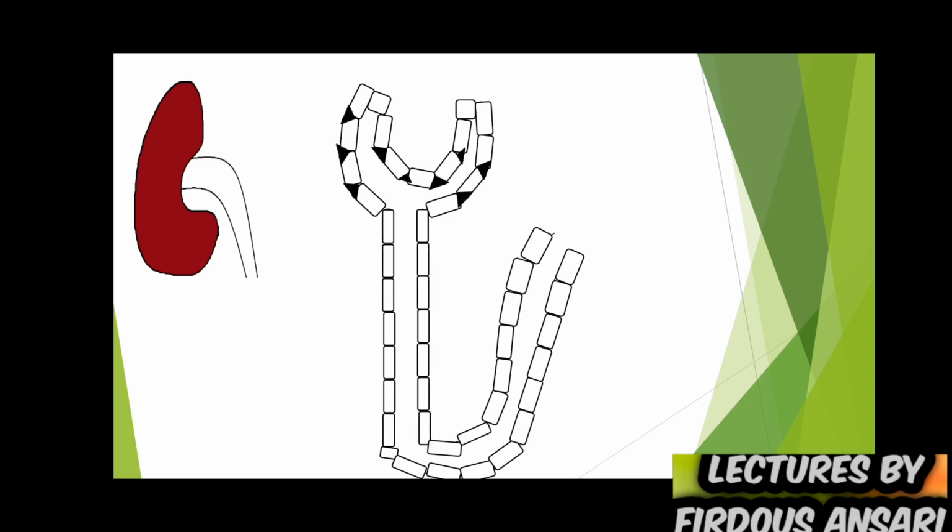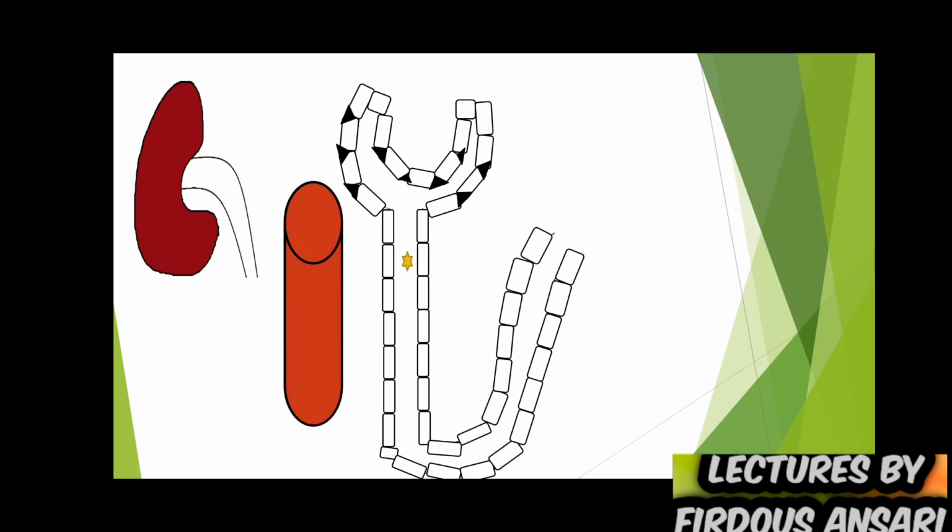Suppose this is our kidney, and as we all know, the kidney is made up of millions of small minute units known as nephrons. Just imagine this is your nephron, and beside the nephron there is a blood vessel. Now suppose a lipophilic substance is present inside the nephron.